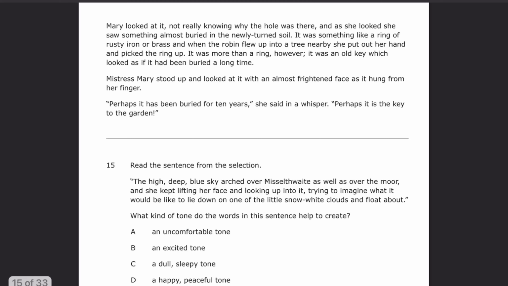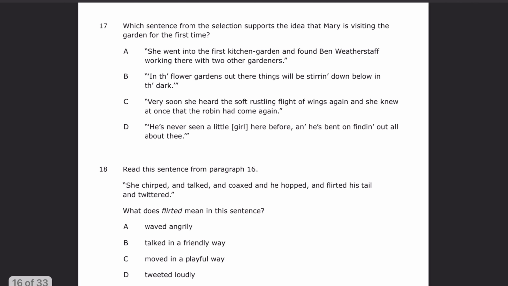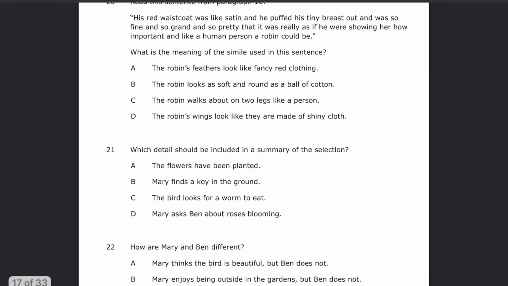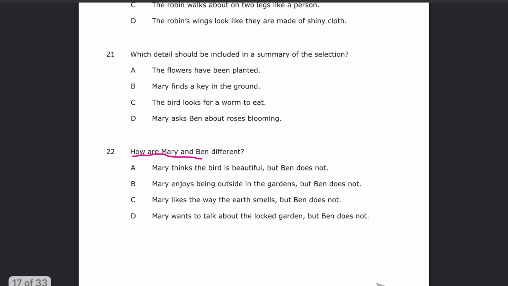And y'all, I just want to point this out, right? As I look at the text and the questions that go with the text, one of the questions says, how are Mary and Ben different? If I'm already thinking about character, this question is not going to be difficult for me. I've already started thinking about my main character, Mary. I keep trying to drop my iPad.